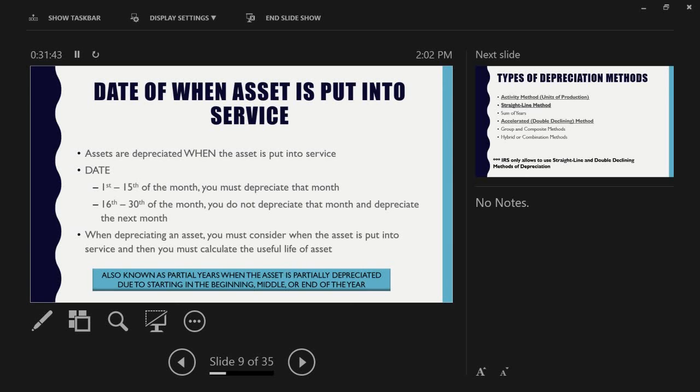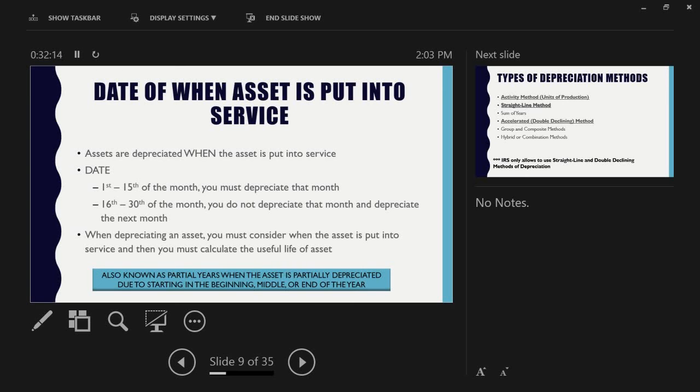But if I were to do it towards the end of the month, let's say I put it on the 28th, is it fair to me that I need to depreciate that extra month? No, I only used it for 2 days. So the assumption here is if you put it into service after the 15th, all the way to the 30th, you need to calculate it for the month after.